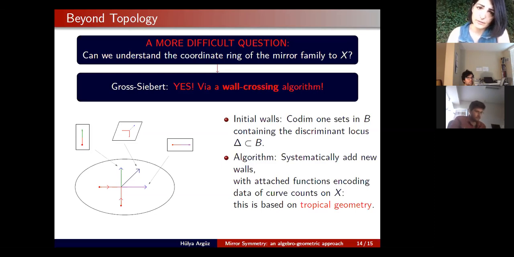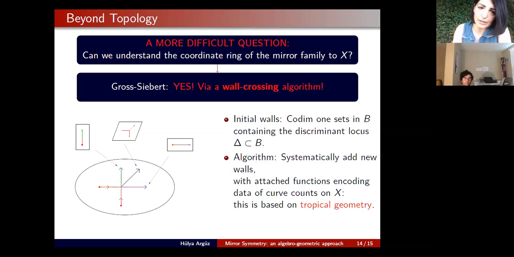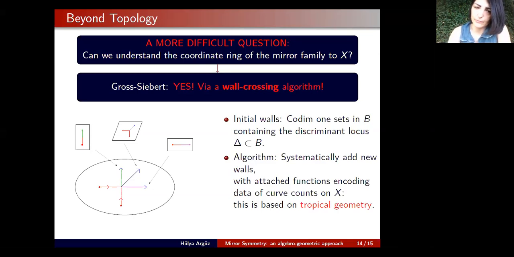You can do that, and to do that, what you need to use is a wall crossing algorithm on B. So this is a combinatorial algorithm that takes place on the integral affine manifold with singularities B. And I will talk about this algorithm in a lot of detail in 2 weeks.